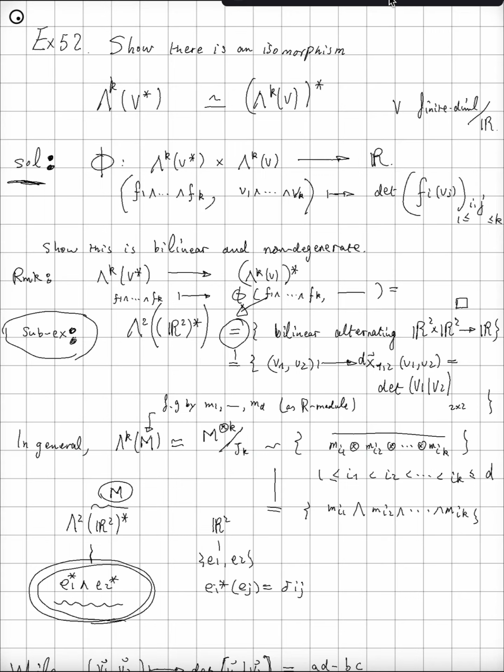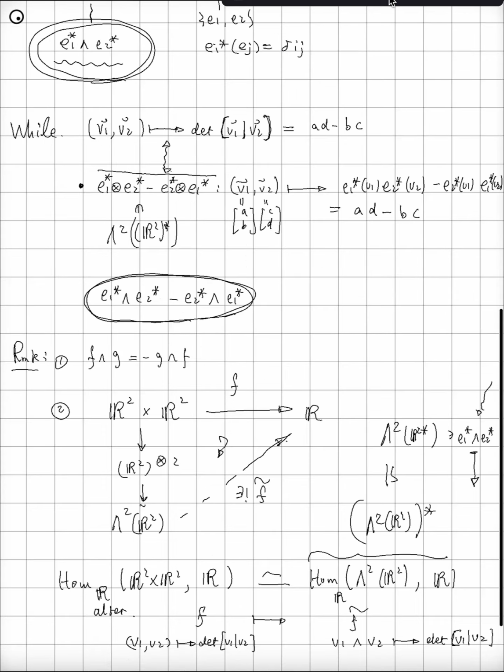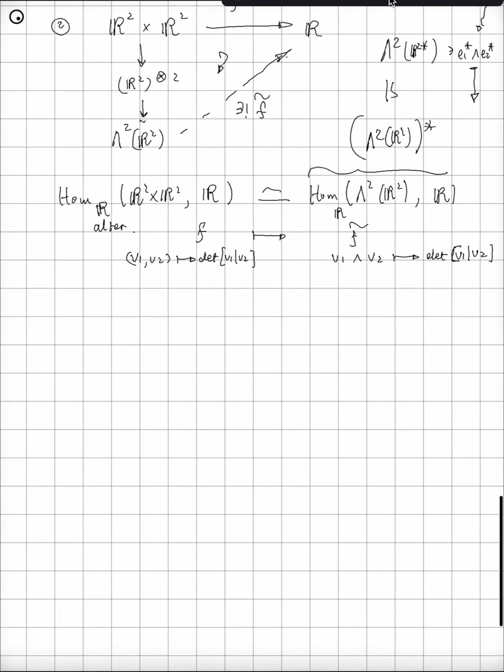Which means determinant of f_ij. This is an isomorphism. So which means indeed this is mapped to determinant of ei.